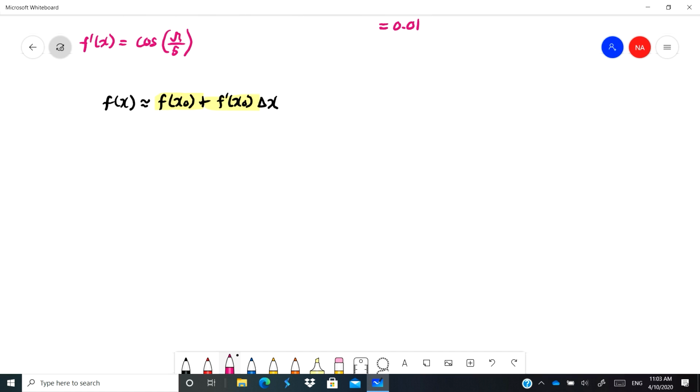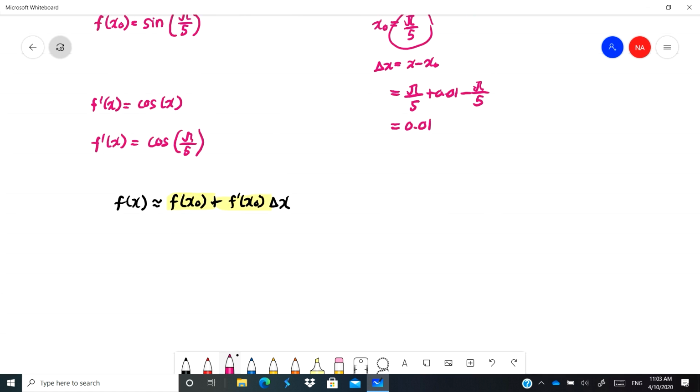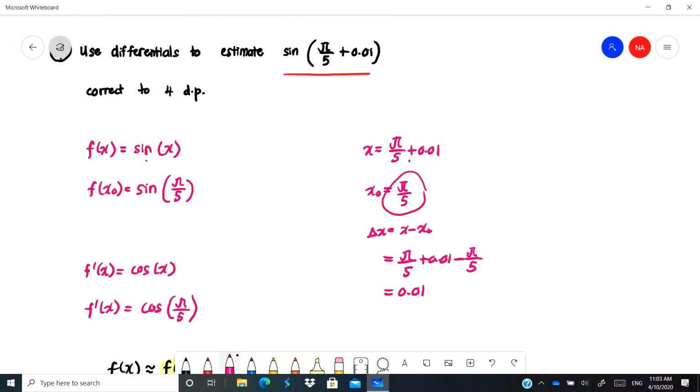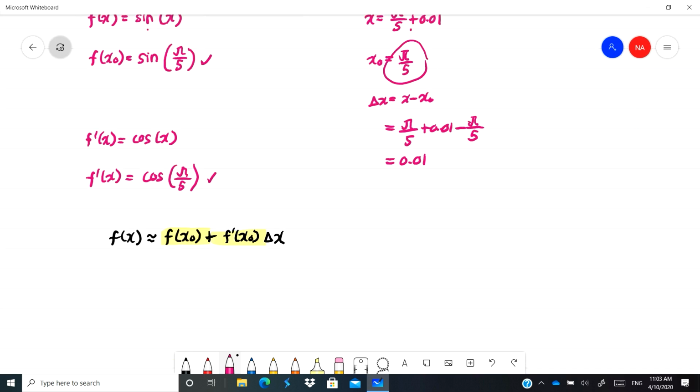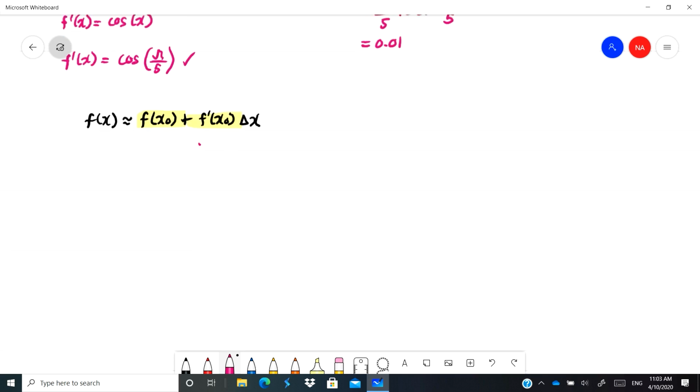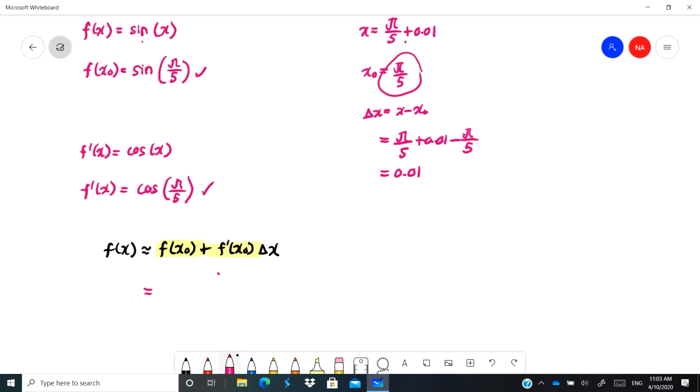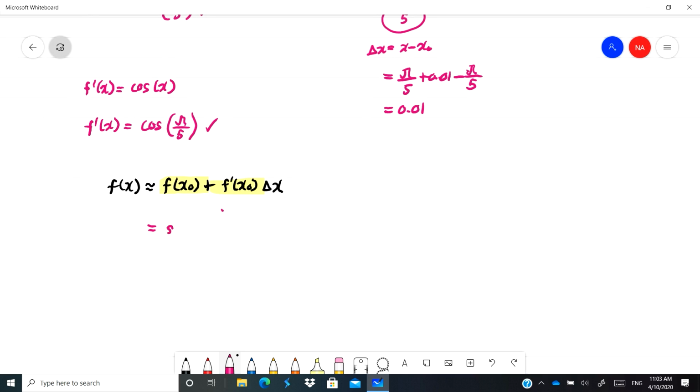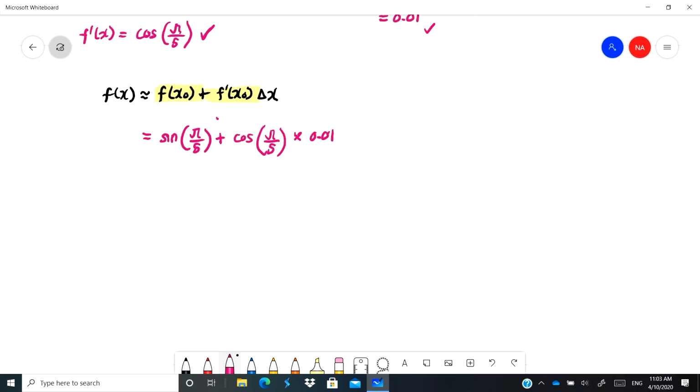Instead of calculating directly, because we need to convert into decimal, I'll just put these values into the formula. So f(x naught) is sine of pi over 5, plus f prime of x naught, which is cos of pi over 5, multiplied by delta x, which is 0.01. Please make sure you calculate in radian.